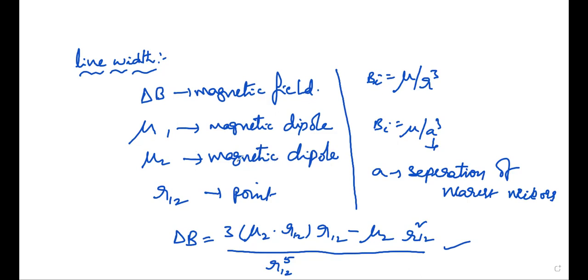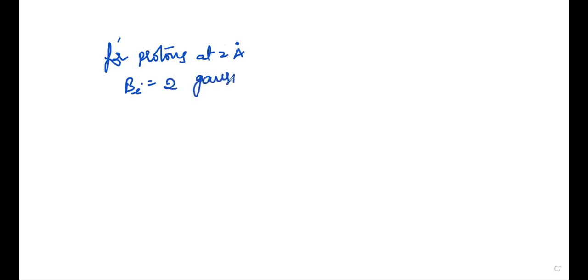For protons, at nearly 2 angstrom separation, Bi is equal to 2 Gauss, that is 2 into 10 power minus 4 Tesla. So here is the line width.